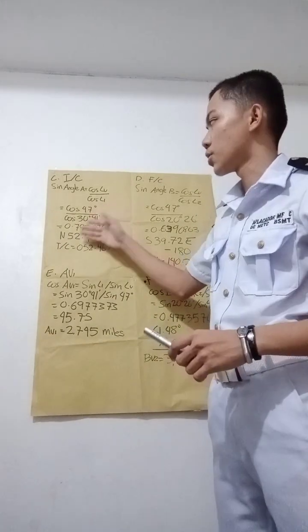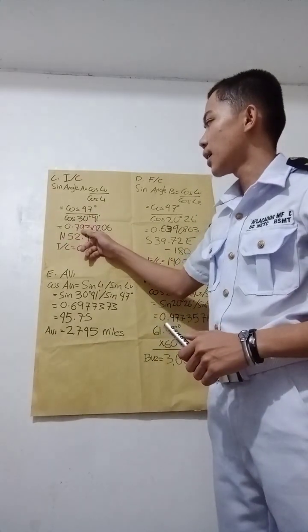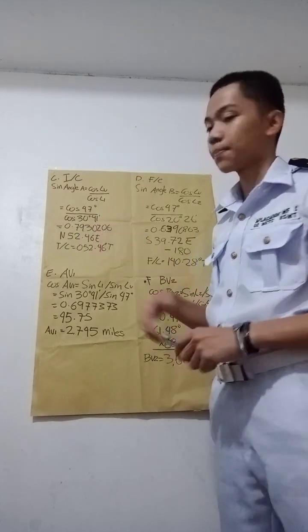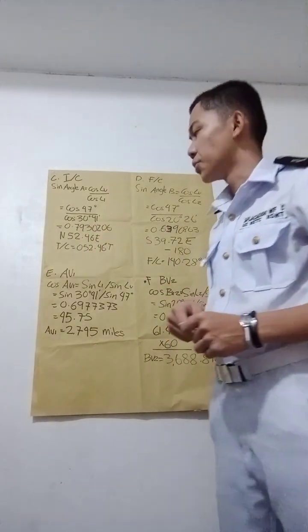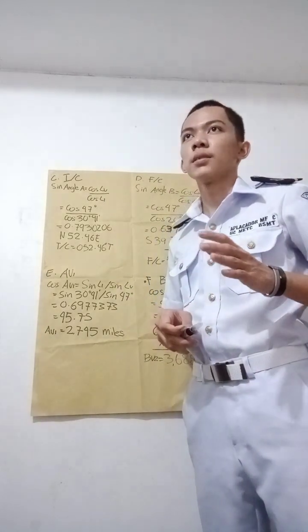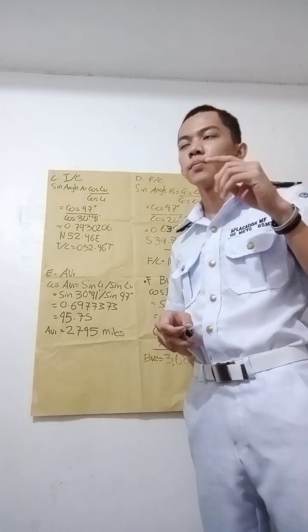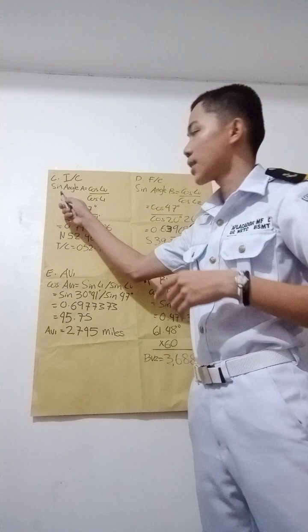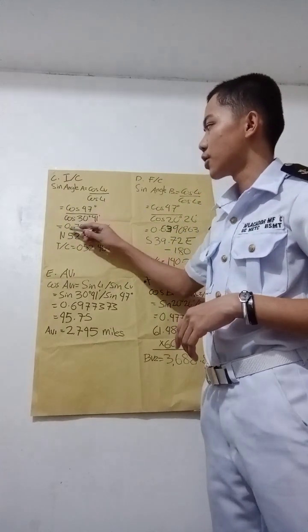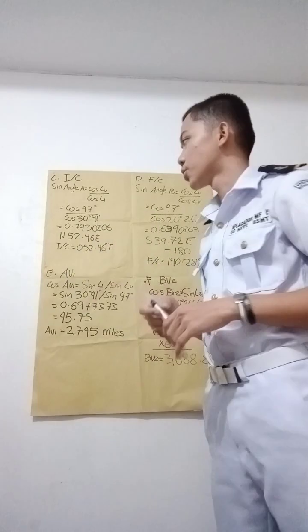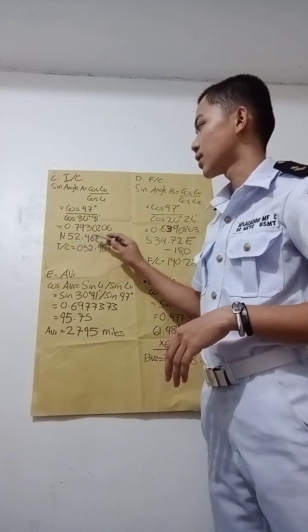Then it is equal to 0.7930206. Then use your scientific calculator and type shift sine 0.7930206 is equal to 52.46.